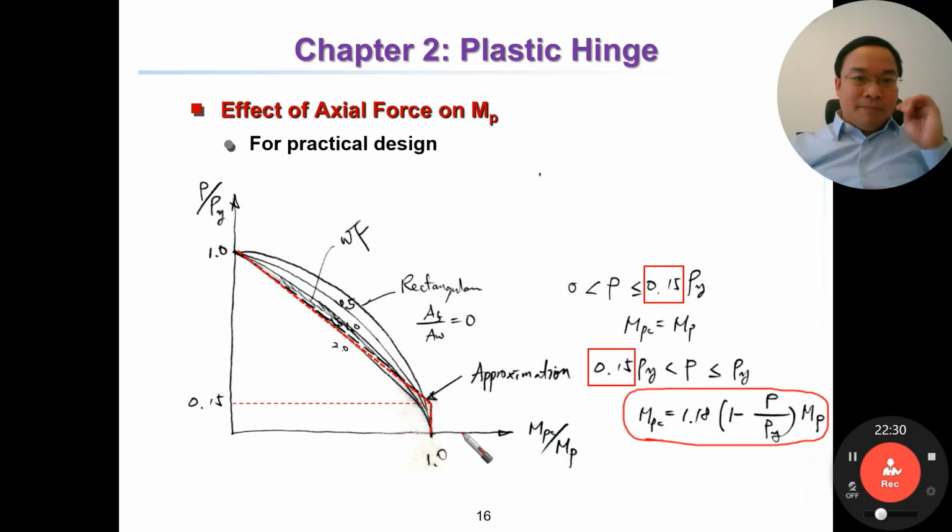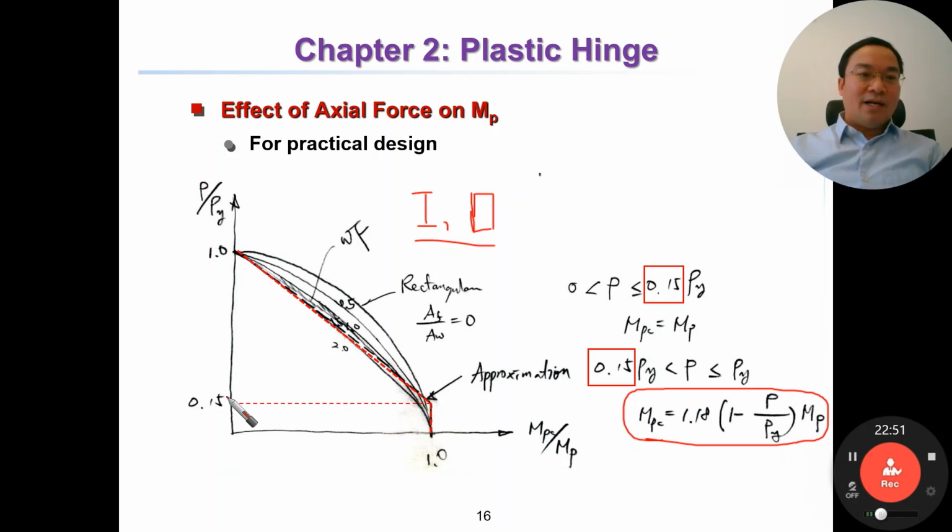So again, in practical design, for rectangular section and I section, we use the same equation for rectangular and I section. If the ratio of P over PY is smaller than 0.15, then MPC is assumed to be equal to MP.